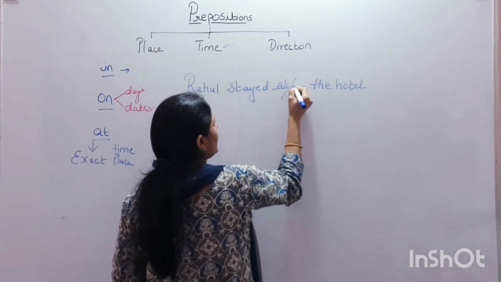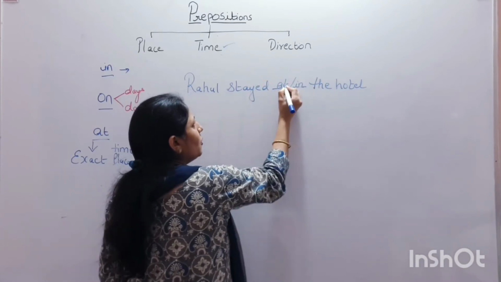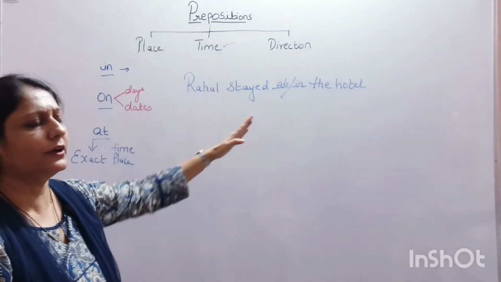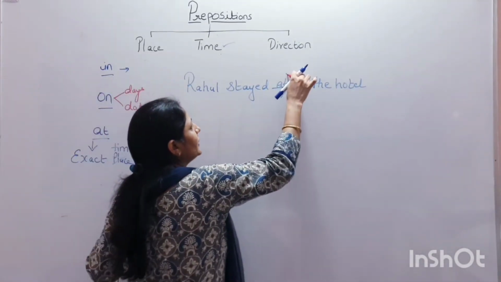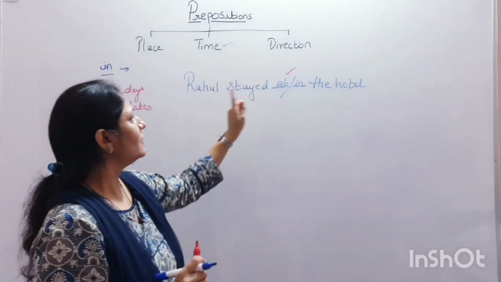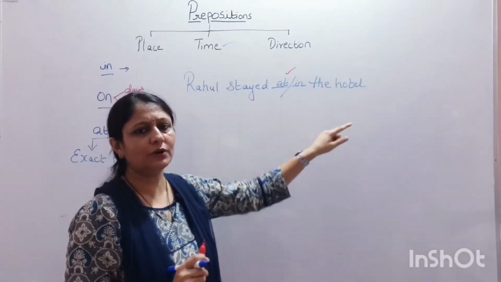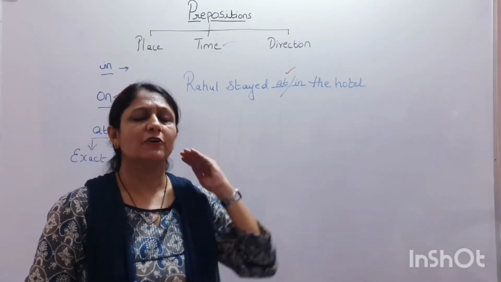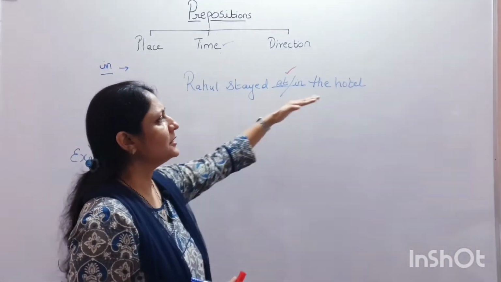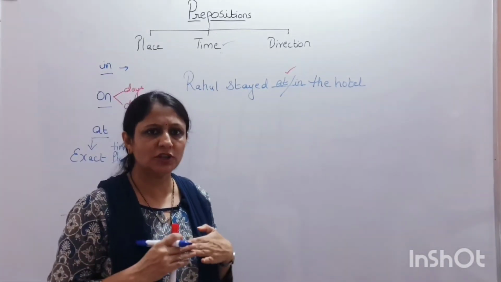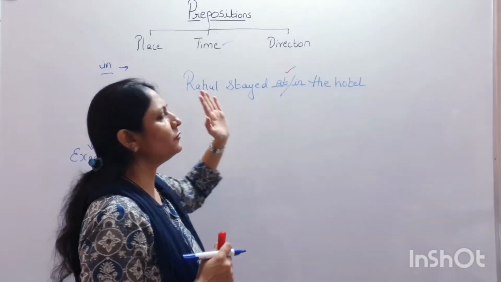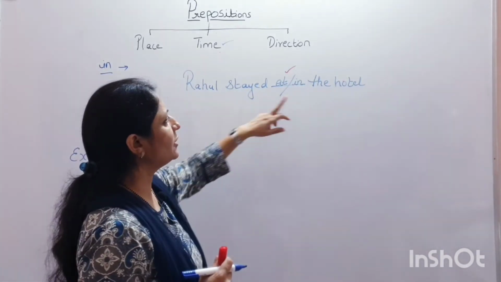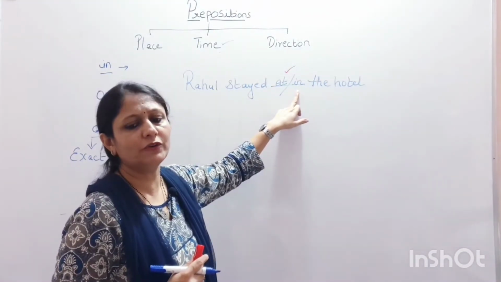Here we can write either at, or we can also write the answer in over here. Whatever you fit, you will get correct, because if we are using at, we are telling you the exact place where Rahul stayed. And of course, since hotel is a three-dimensional place, obviously Rahul was inside the hotel. That also fulfills our purpose. So we can also use the preposition in over here.